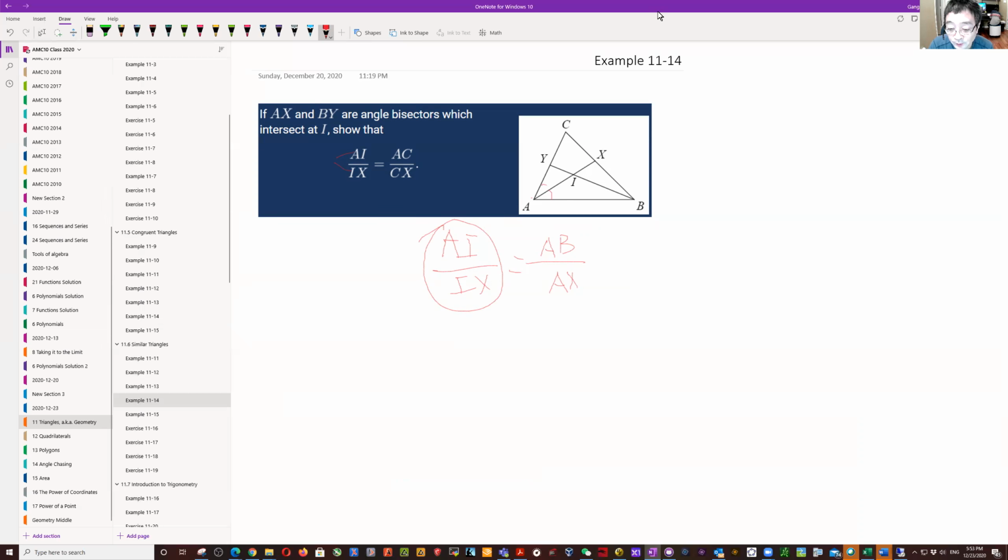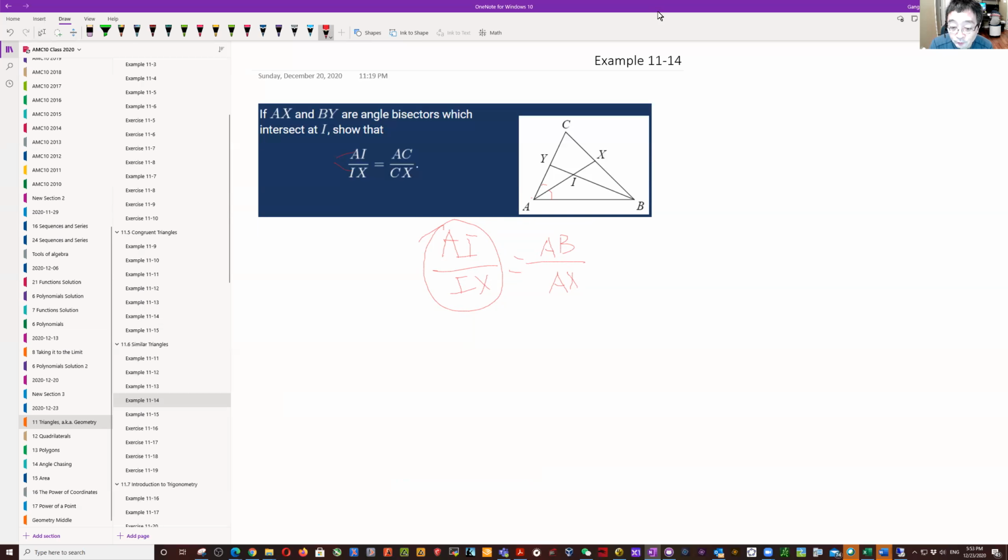So here, this is another angle bisector, with ratio AC over CX. For this big triangle ACB, with this angle bisector, the side over the opposite cut is equal to this side over this opposite cut.